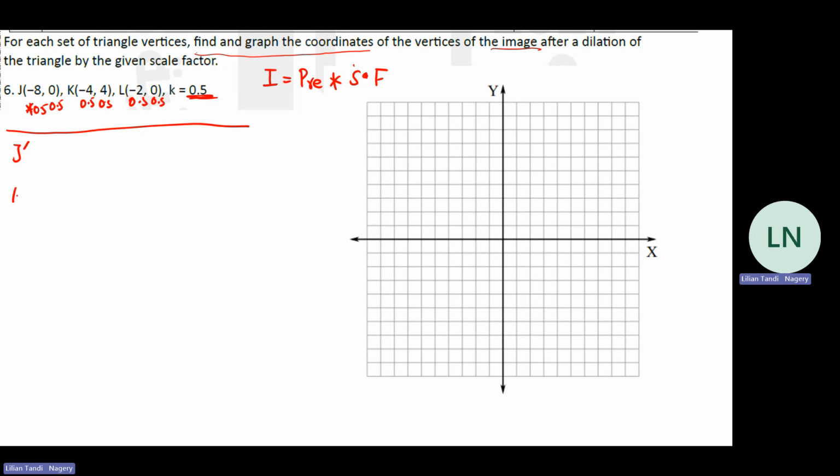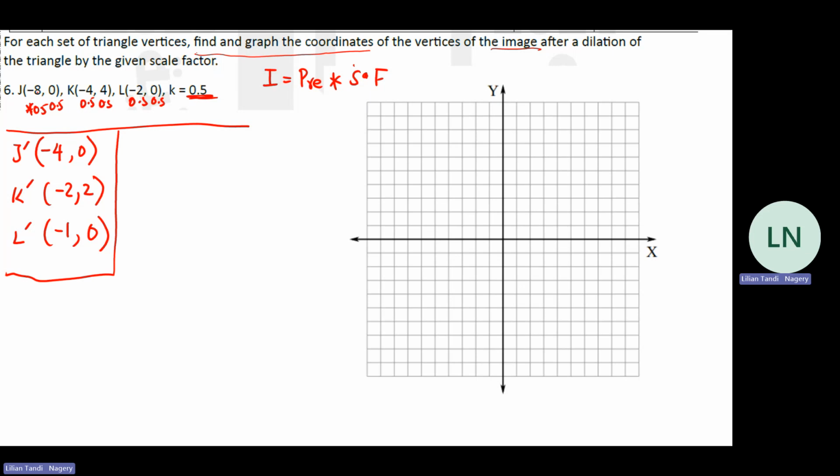J prime, K prime, L prime. Okay, it's a triangle, so you should only have 3 points. Half of -8 is -4. Half of 0 is 0. Half of -4 is -2. Half of 4 is 2. Half of -2 is -1. Half of 0 is 0. So here are your images. You box them. Those are the coordinates of your vertices.